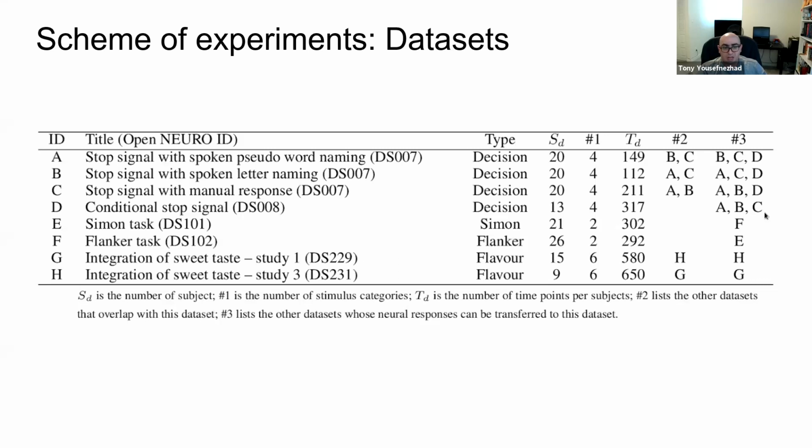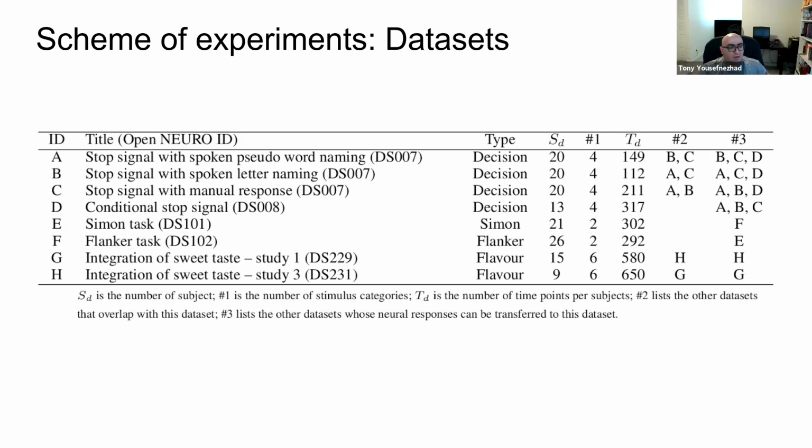So the cognitive task is decision making. We have Simon and Flanker, which are really famous tasks in cognitive science. They are almost similar tasks, and we can use them to predict the other ones. They were produced in different hospitals in the United States, so they are actually multi-site.